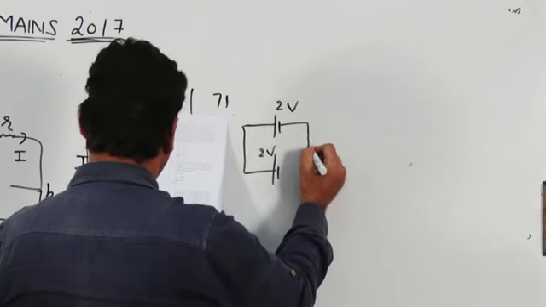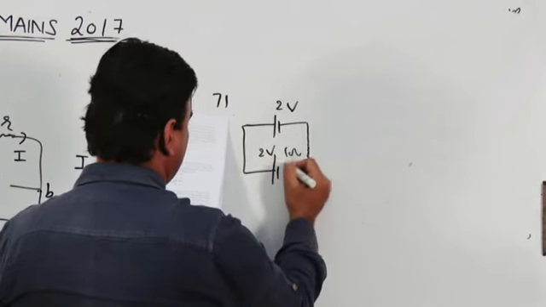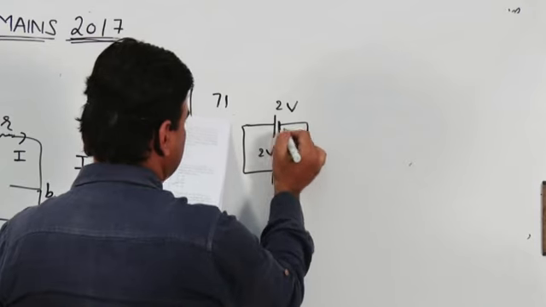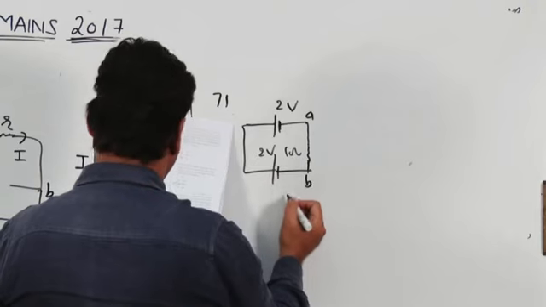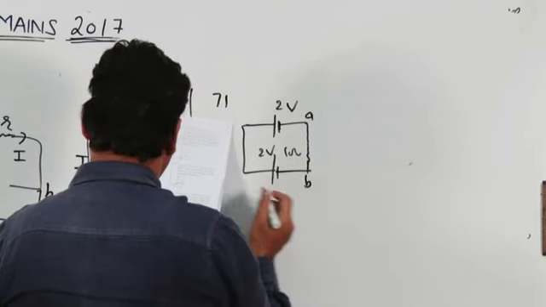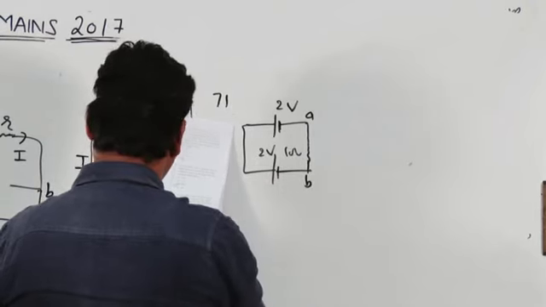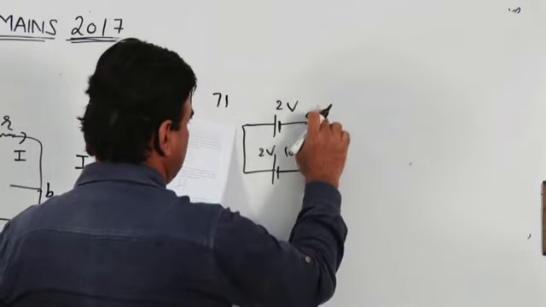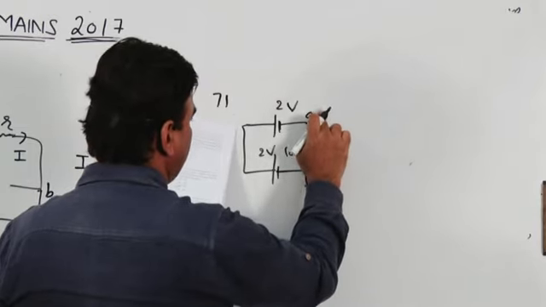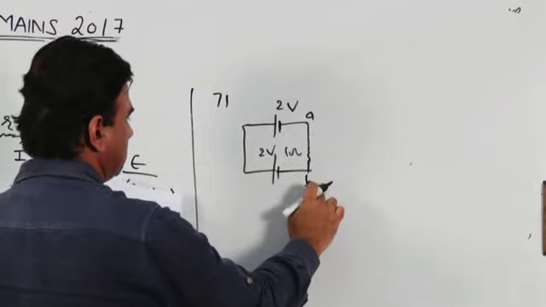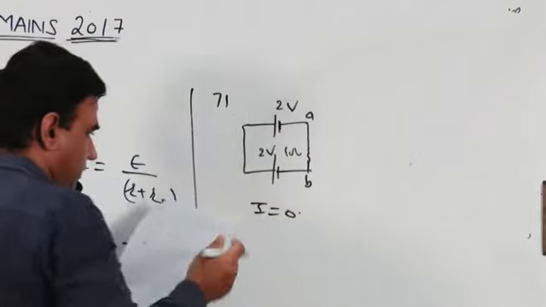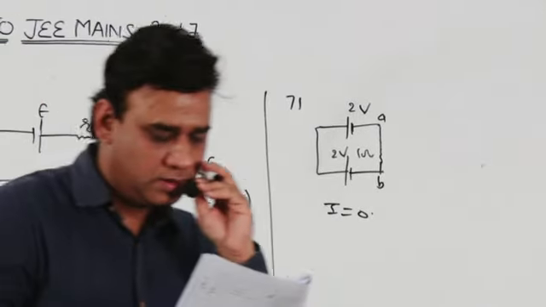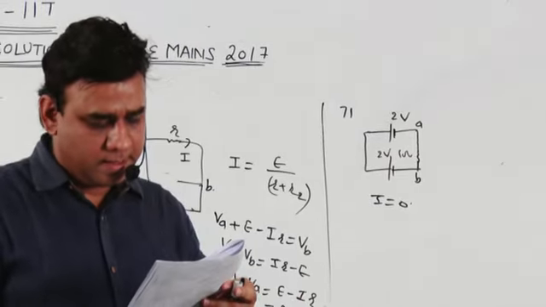We need not draw the complete diagram, because these two batteries are of the same potential, so the potential difference across this branch will be 0. They were asking about the current in each resistance in the above circuit. The potential difference across this will be the same, so it will become 0. So in each resistance the current will become 0. This way, on the basis of the conceptual part, we can get this answer.